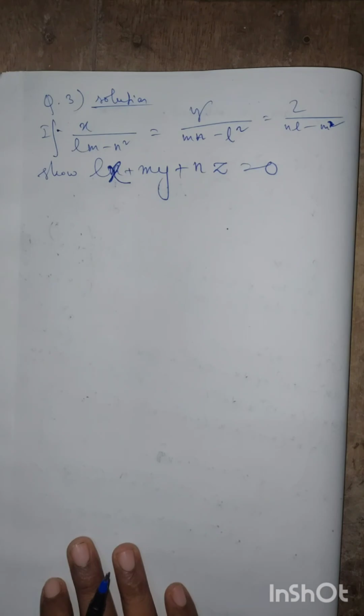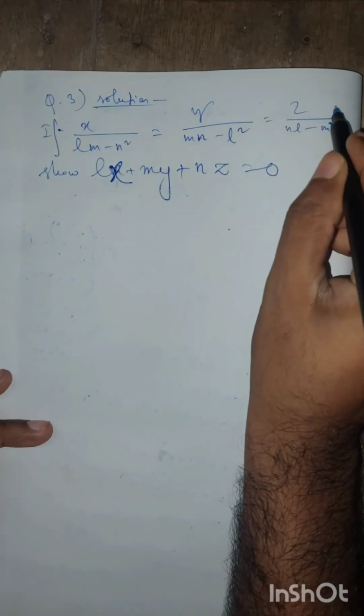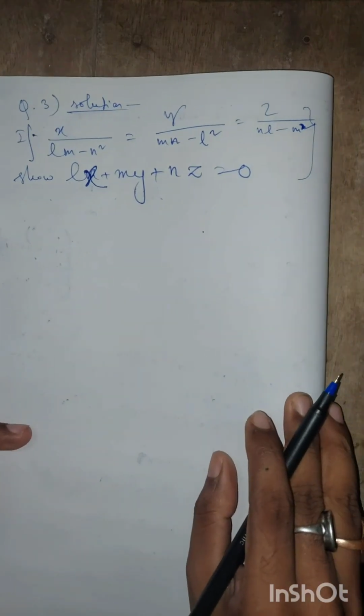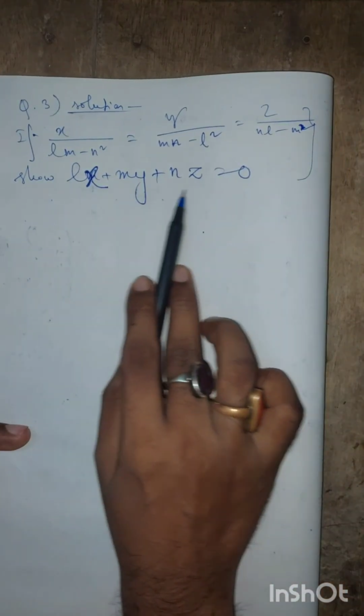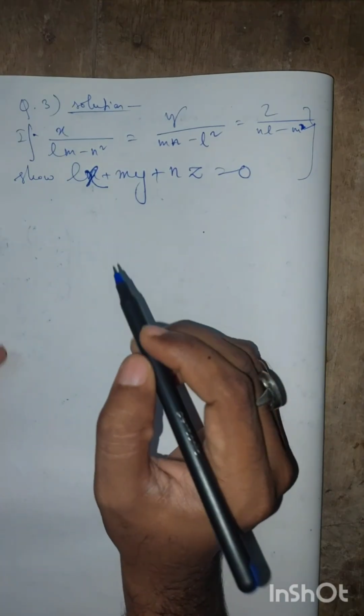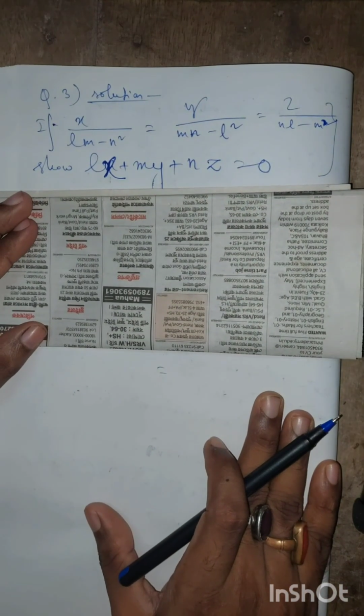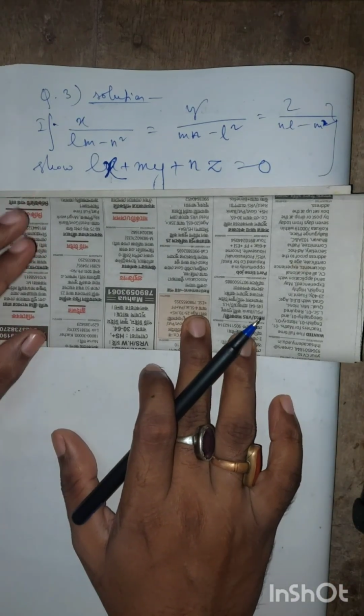Friends, this is our question number 3. We are going to find out the solution of it. This is given, and this thing we need to prove. So let us first write the given information.